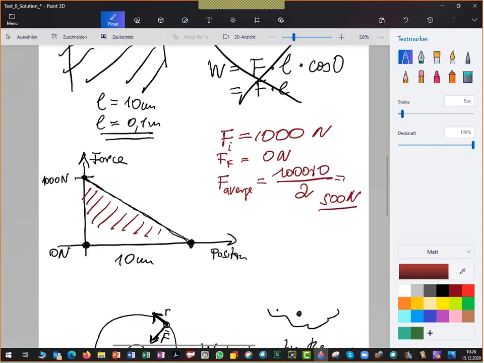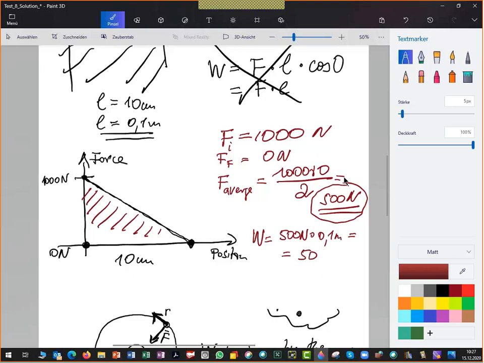So that will be my average force for my calculation, and I will use the average force to calculate the work I've done. So now let us calculate, the work is equal to 500 Newton multiplied by 0.1 meter, which will result in 50 Newton meter.